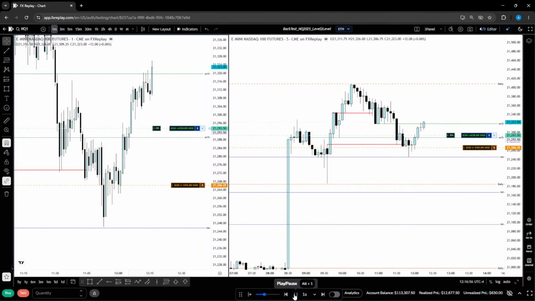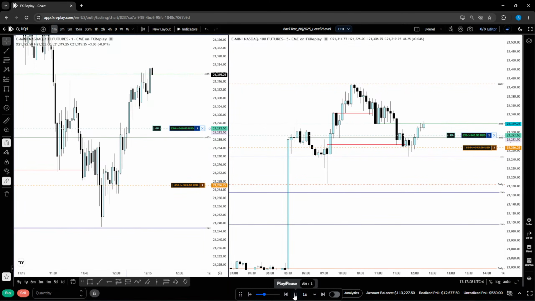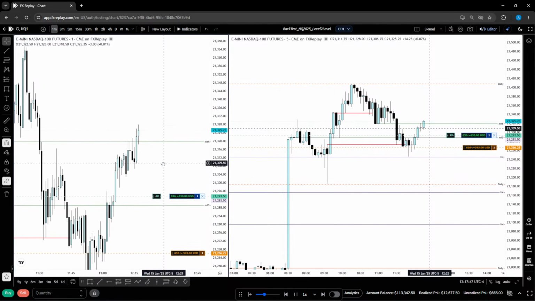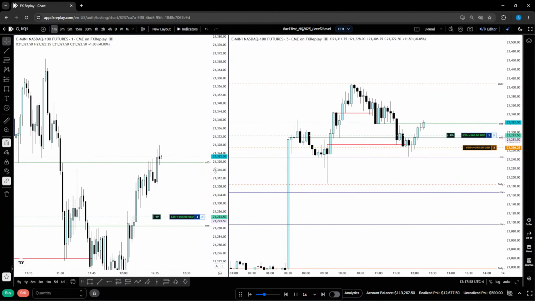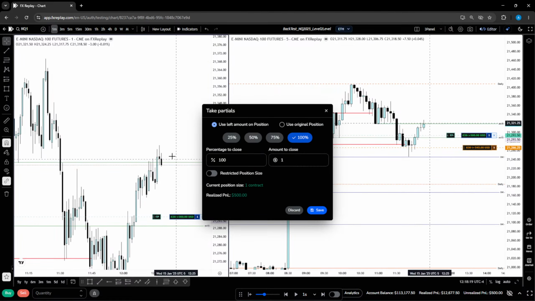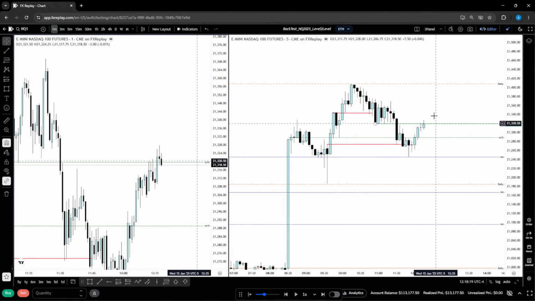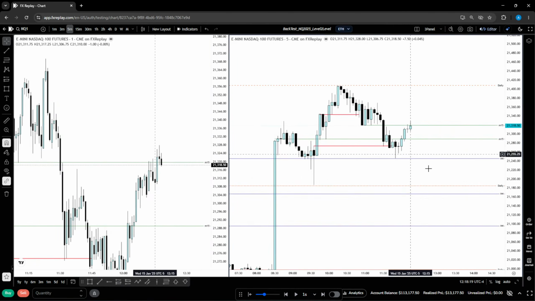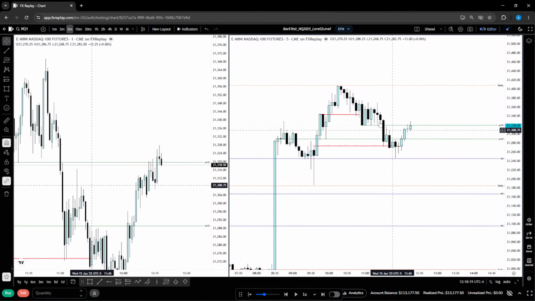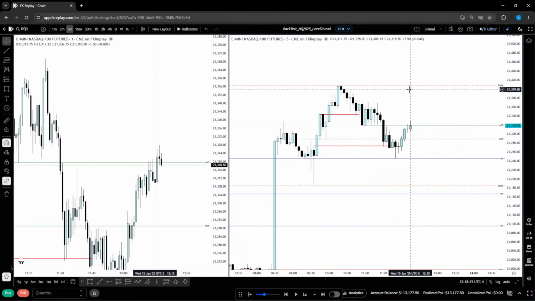Okay, looks like we're now going above. We'll see. This is the lunch hour, so $500 should be good enough, and we're getting rejected from this level. We'll see what happens next. These are a lot of levels here that could just push us back and forth.